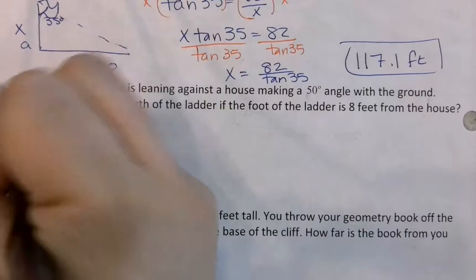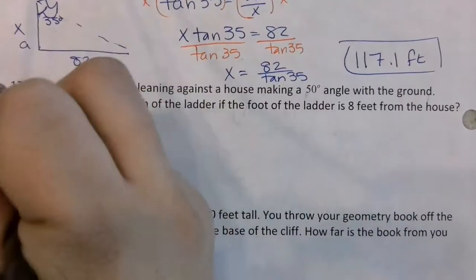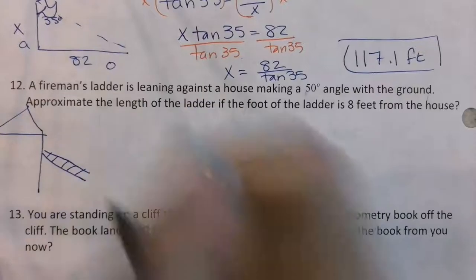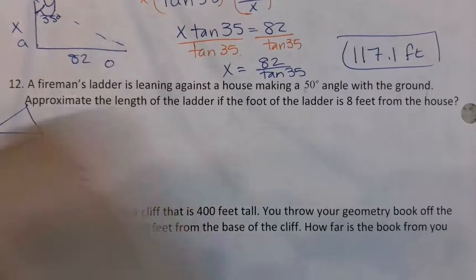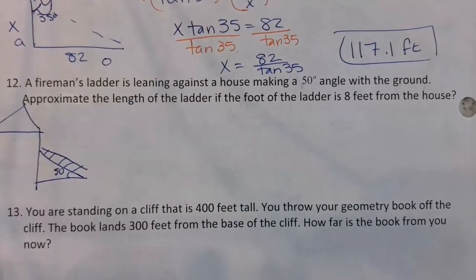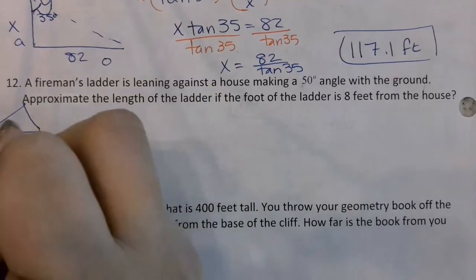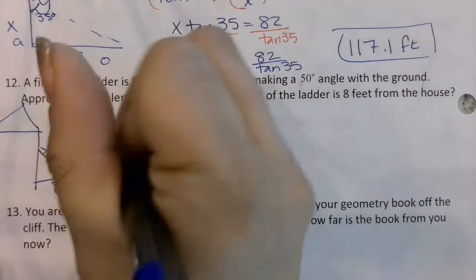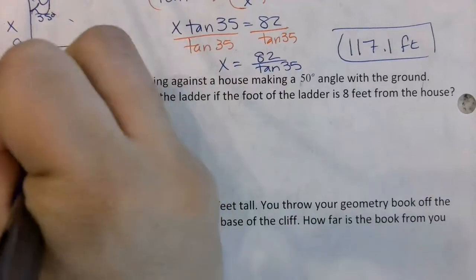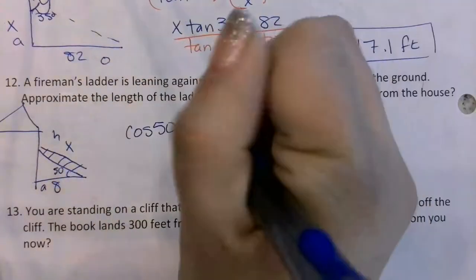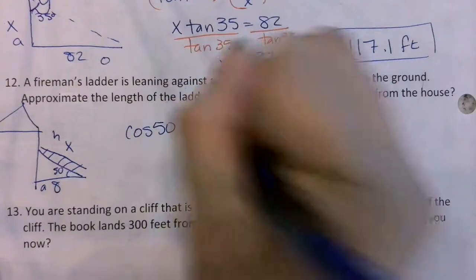This one is telling me there's a fireman's ladder against the wall, and it is making a 50-degree angle with the ground. It says the ladder is 8 feet away from the house, and I want to figure out the length of it. So this one is adjacent and hypotenuse, so cosine. I have cosine 50 equals 8 over h.